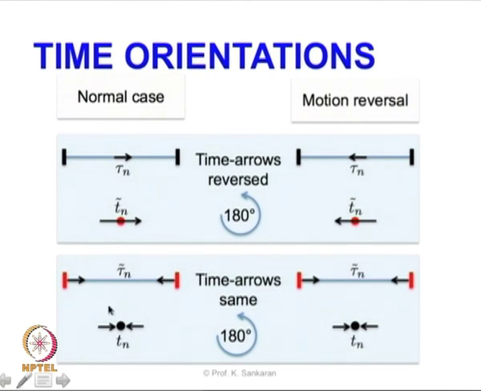Whereas when you see the inner oriented time duration, and this one is the outer oriented, the inner oriented time duration changes direction, so it goes from this side to outside, whereas the outer oriented time duration is pointing inside, and when you turn 180 degrees, the arrows will still be pointing inside. So this is what we call inner and outer orientation of time.